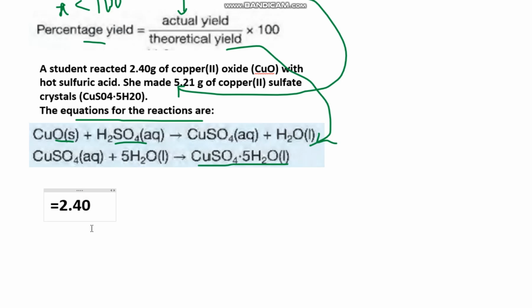So 2.40 divided by the mass of 1 mole. CuO gives us around 79.5. So 2.40 divided by 79.5 gives us an answer of 0.0302 moles.